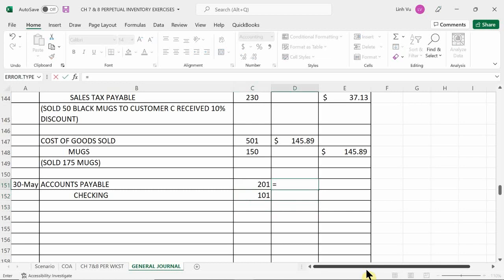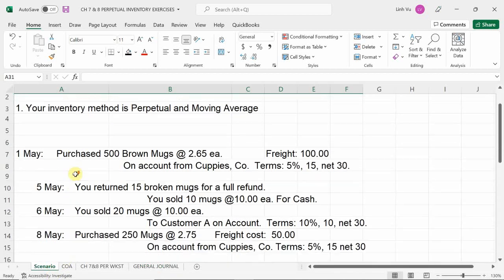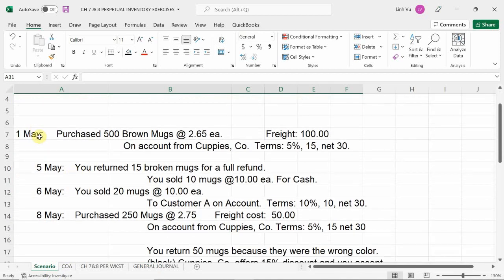So first thing that we're going to do is determine how much I owe in grand total. First off, I'm going to take a look at all of my purchases that I've made. I made my very first purchase of inventory on May 1st, but I end up returning 15 of those broken mugs for a full refund.